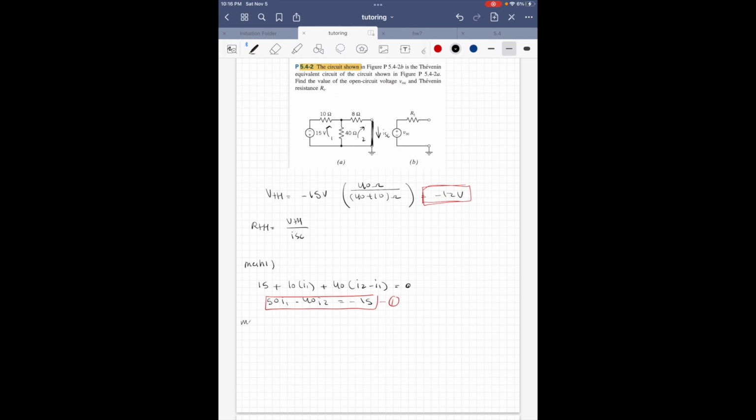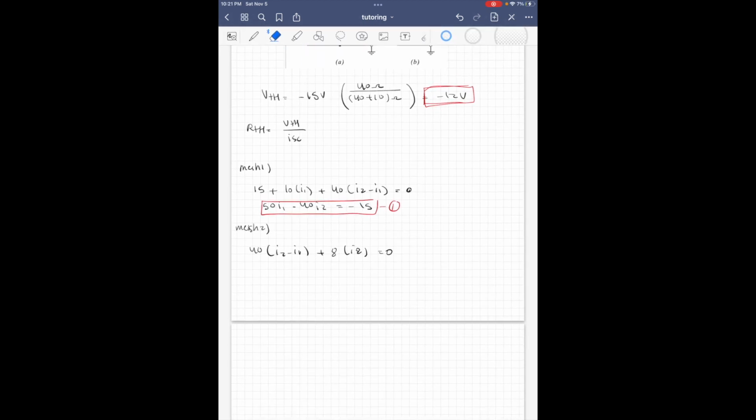And at mesh 2, we are going to have 40 times (I2 minus I1) plus 8 times I2 equals 0, and I'm going to simplify it.